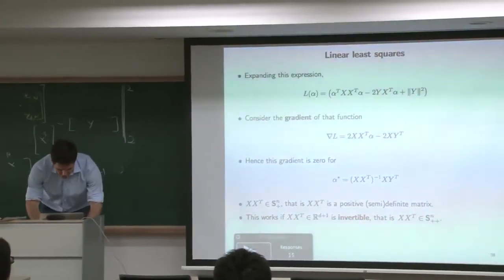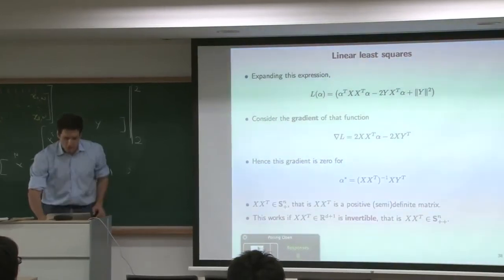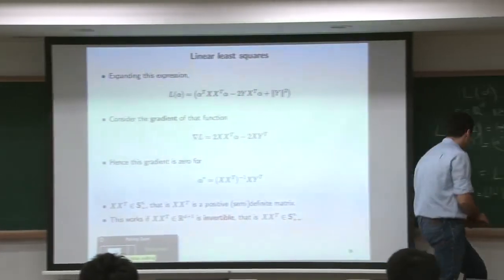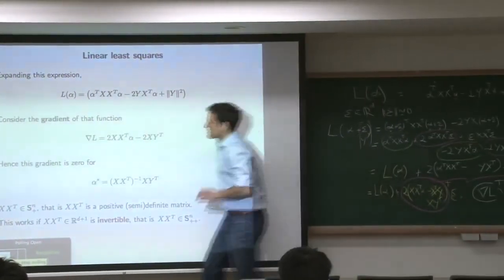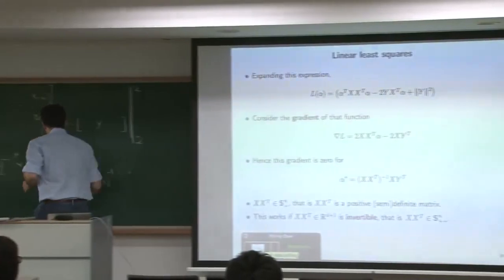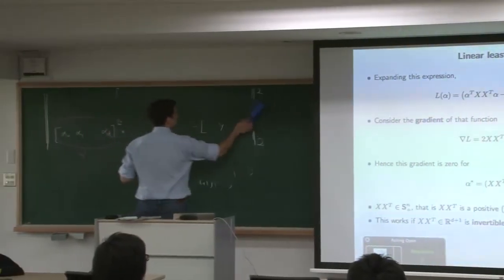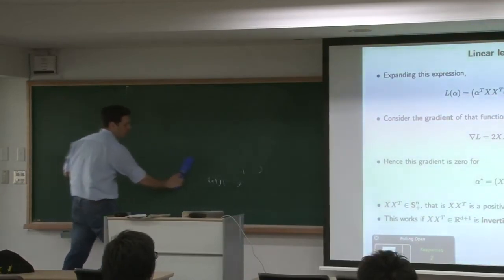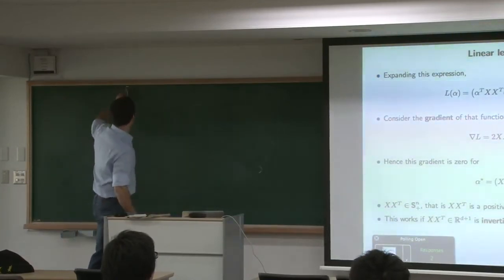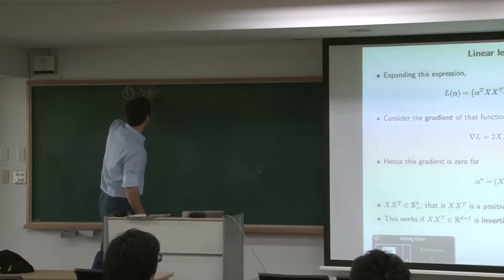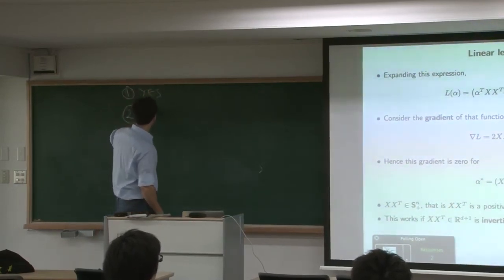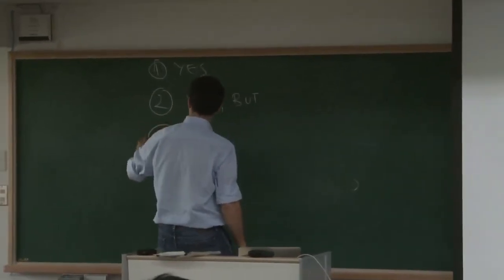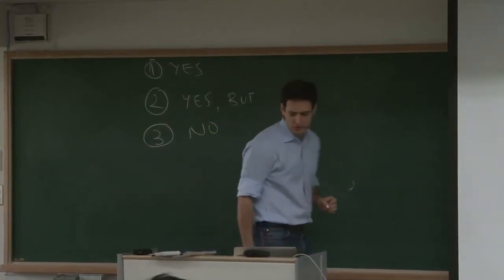So who knows what a positive definite matrix is? That's another key question that I need to ask. So, who has heard about positive definite matrices? Again, I'm running out of space. 1, yes, 2, 0. So this will just help me find out whether I need to explain what this is or not. I know what a positive definite matrix is. Yes, but I forgot. And 3, no, I don't know what a positive definite matrix is.